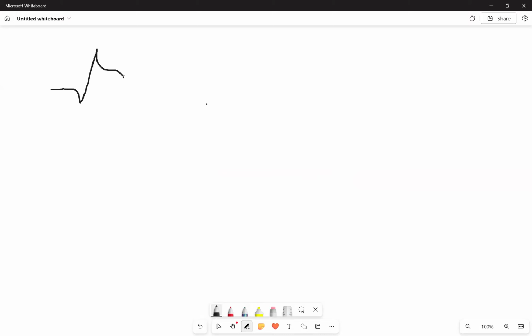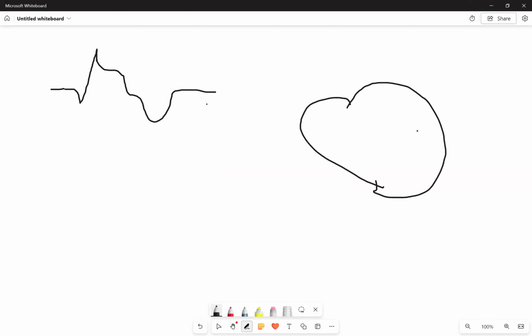You have ST elevation with or without T wave inversion. So what this means is in the heart, in the myocardium, let's say it's in the left ventricle, just as an example. If it's the left ventricle, then that means it's the left anterior descending artery that is blocked, and the left anterior descending artery, a coronary artery, supplies the left ventricle.